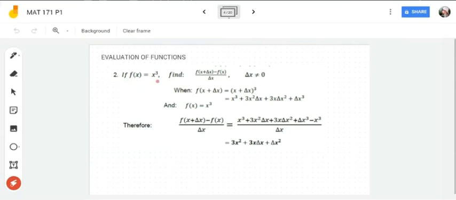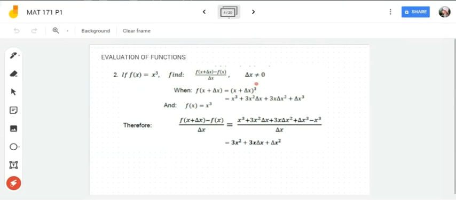Okay, so this is your equation, and your function is x cubed, and right now we will be evaluating it. First, let's get the function of x plus delta x. To get f(x plus delta x), we simply substitute x plus delta x in our x cubed. So f(x plus delta x) is equal to x plus delta x, cubed.